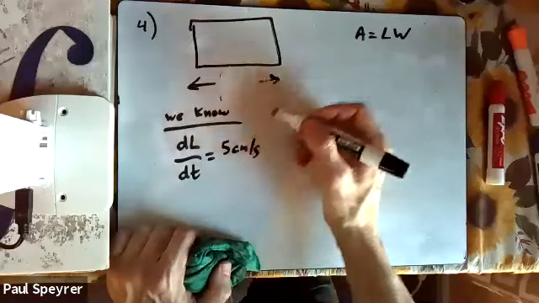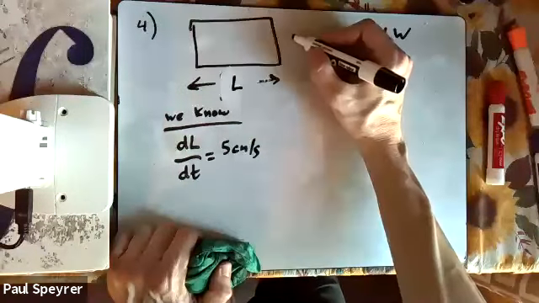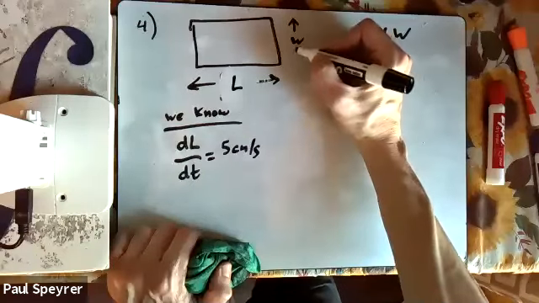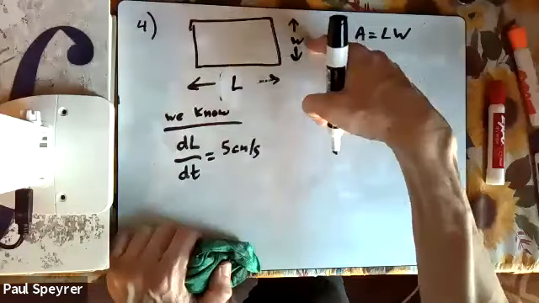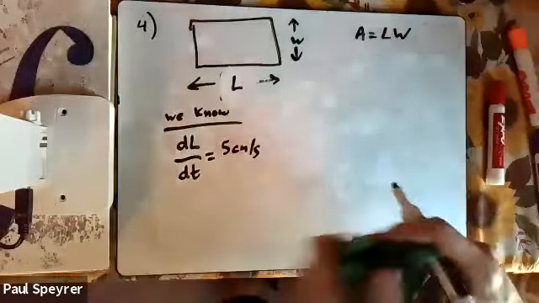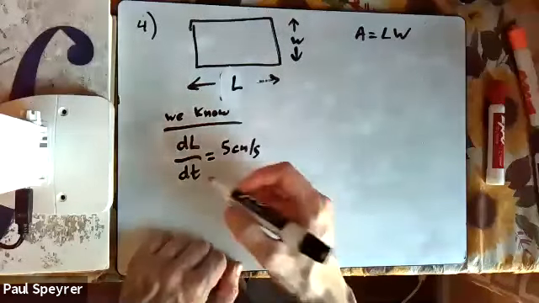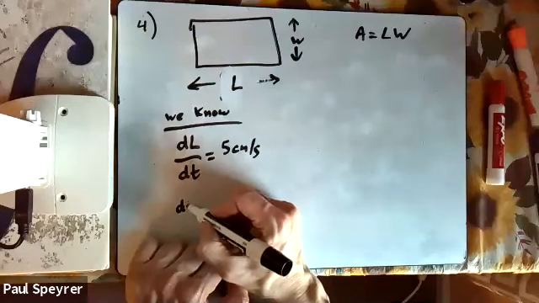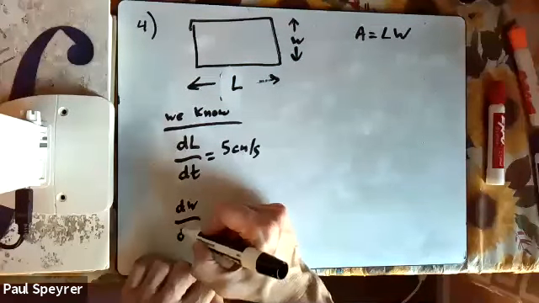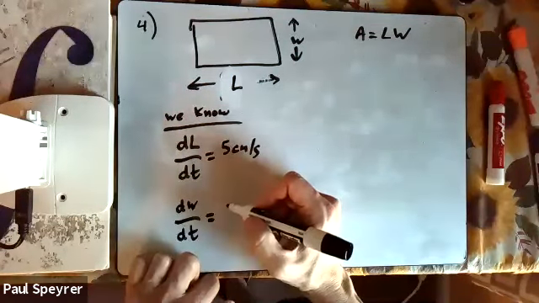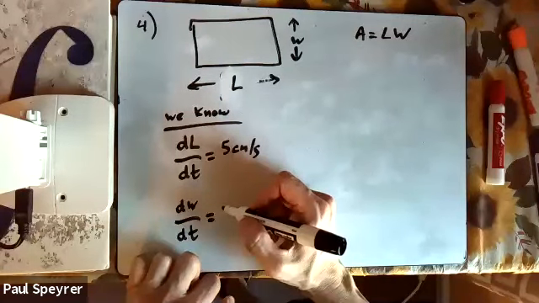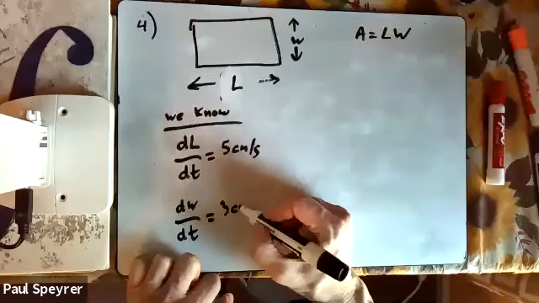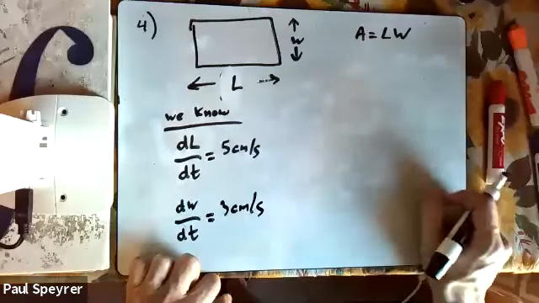And the width, this is like the length, right? It really doesn't matter if you label this as the width or this as the length. The problem will work out the exact same way. So it's telling us the width is increasing at a rate of 3 centimeters per second.